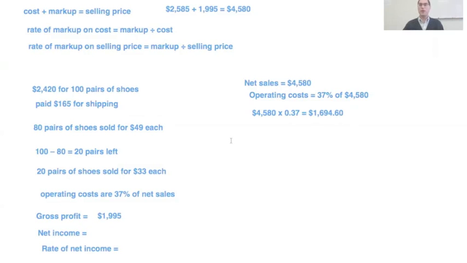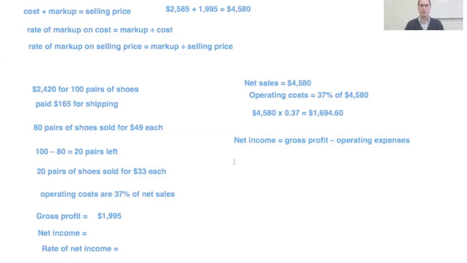Alrighty, now that we've found the operating costs, we have all the information we need to find the net income. The gross profit is what we're going to start with. Net income equals gross profit minus the operating expenses.